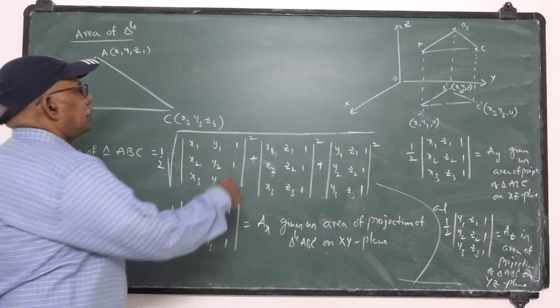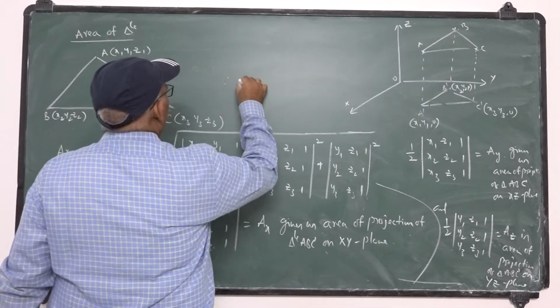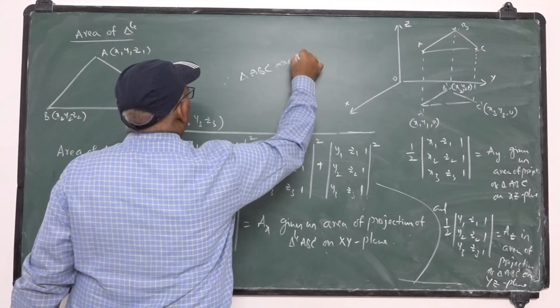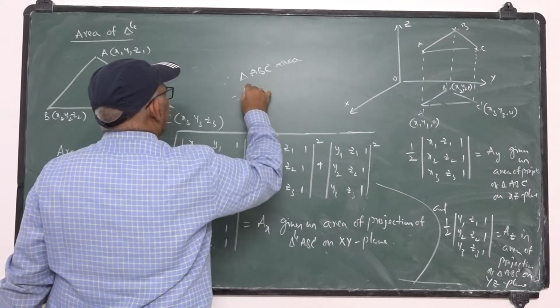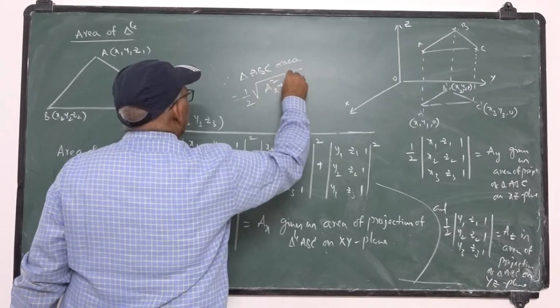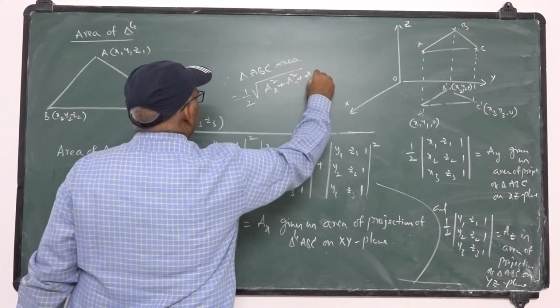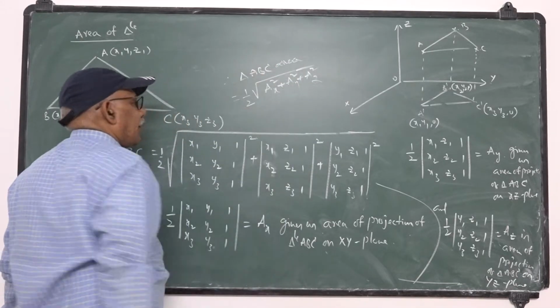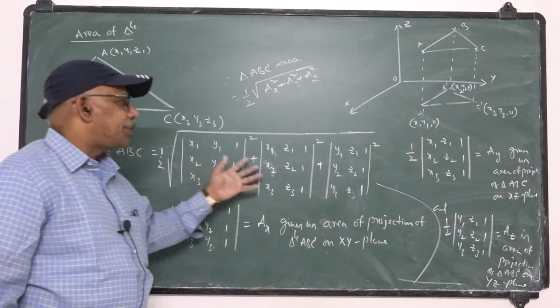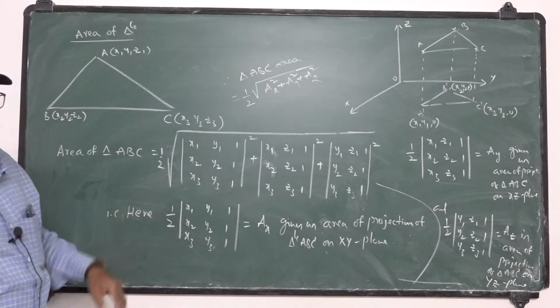Therefore, the area of triangle ABC equals half into the square root of Ax squared plus Ay squared plus Az squared. This is our formula for the area of triangle ABC. This is the Cartesian form of finding the area of a triangle.